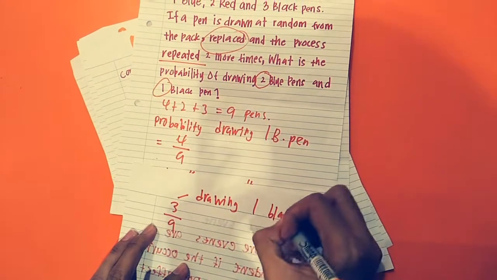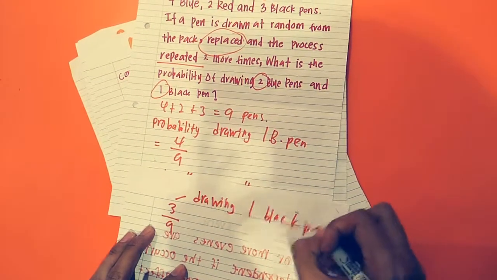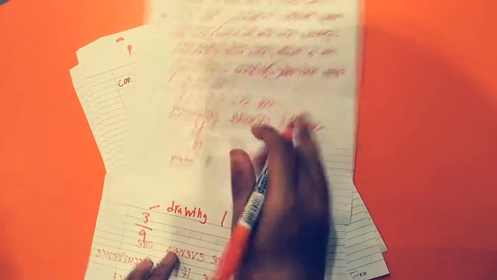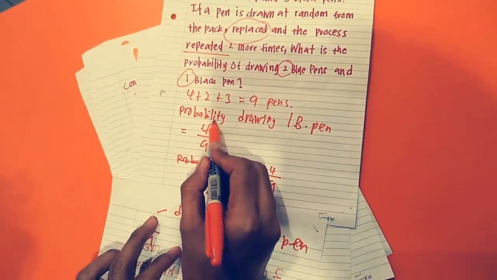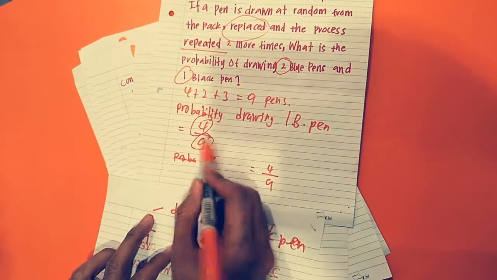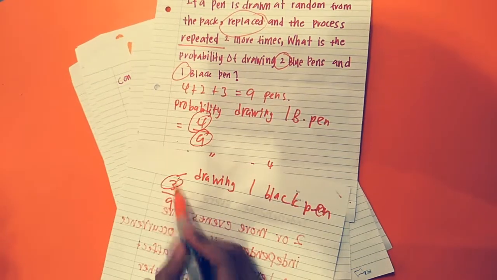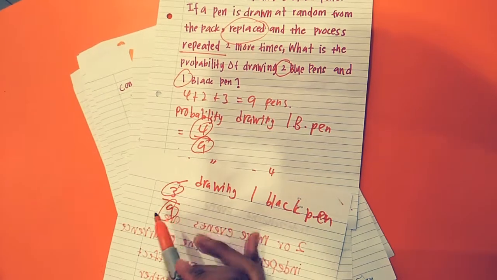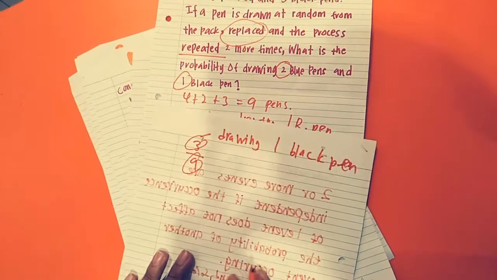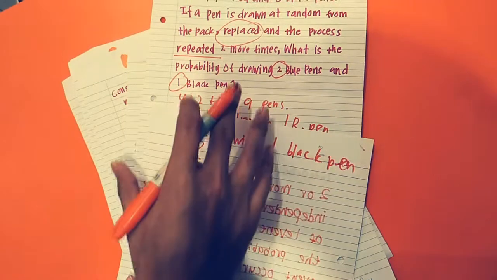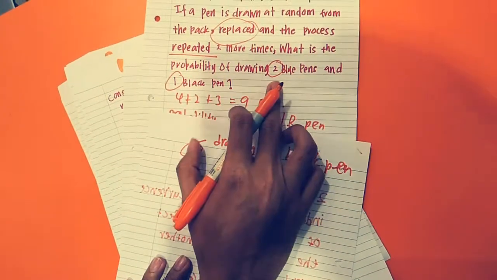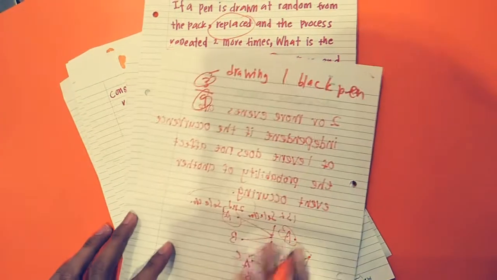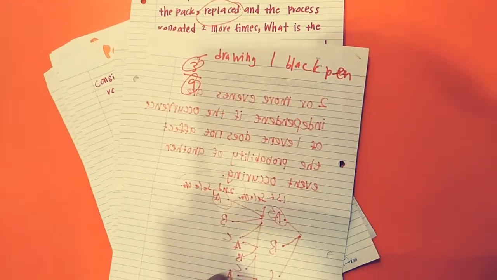The 4 over 9 means there are 4 blue pens out of 9 pens, and 3 over 9 means there are 3 black pens out of the 9 pens. So to find the probability of drawing 2 blue pens and 1 black pen, we need to multiply them all.